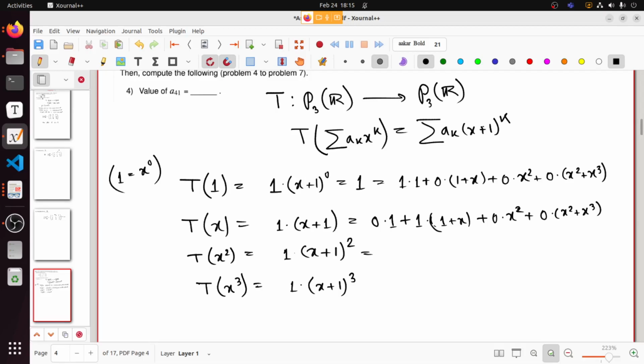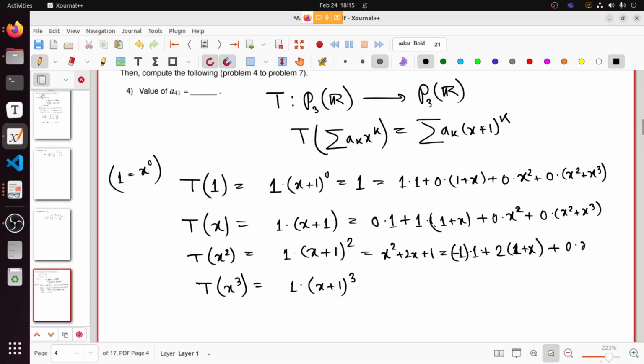Now (x plus 1) squared, just expand it. What will it be? x squared plus 2x plus 1. How to write it? So minus 1 into 1, plus 2 into (1 plus x), so this is the same, right?